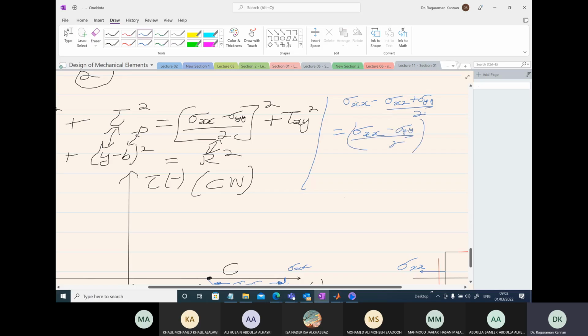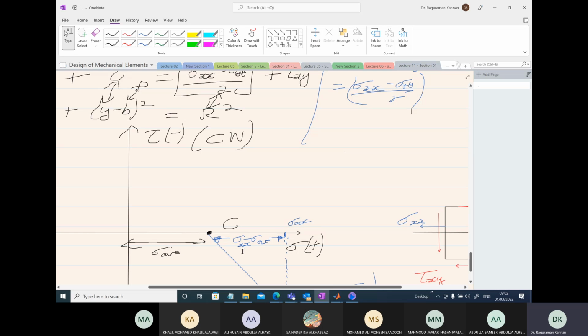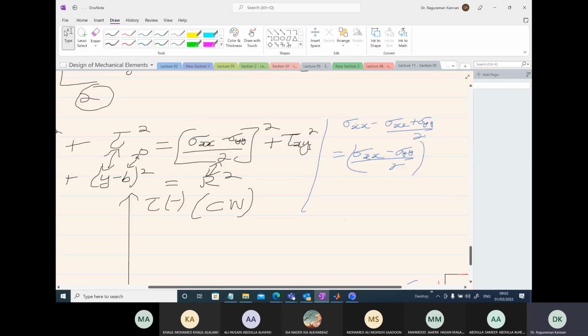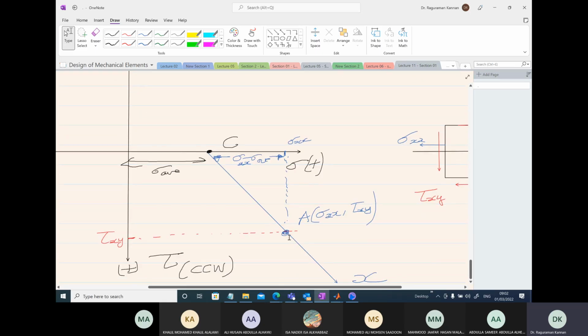So exactly this is the quantity you get here. So this length is sigma xx minus sigma yy over 2, and the height here we know is tau xy already. So use Pythagoras theorem for CA. Sigma xx minus sigma average, the whole square, plus tau xy square. Exactly the radius. Okay, so you get the radius.